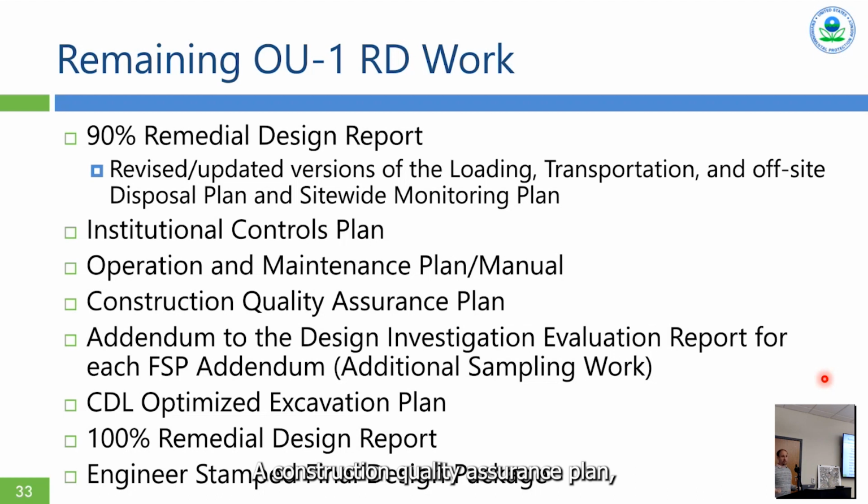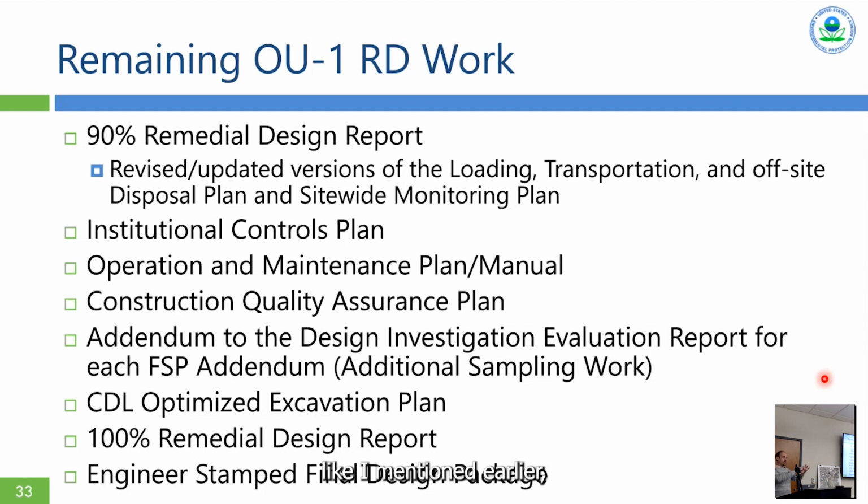We will get a construction quality assurance plan, which is a lot of those checks and balances during the construction to make sure that the cover they actually make, and where they put it, is in accordance with this design.